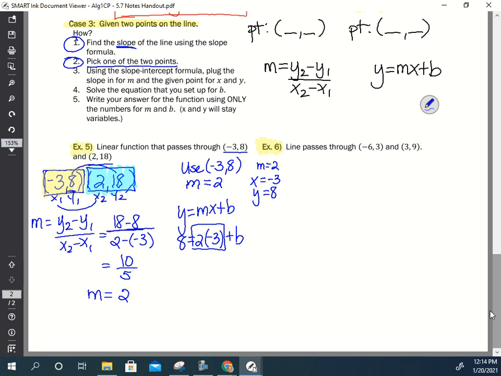So 2 times negative 3, negative 6. How do you get rid of that minus 6? Add 6.